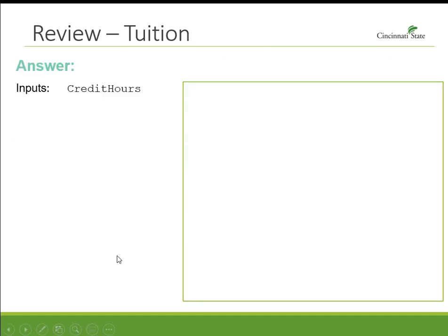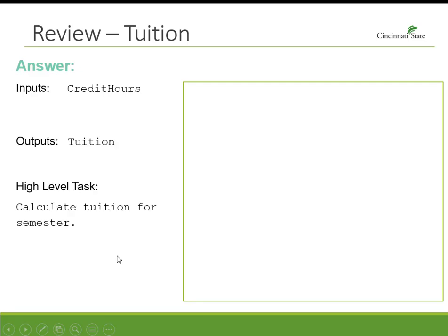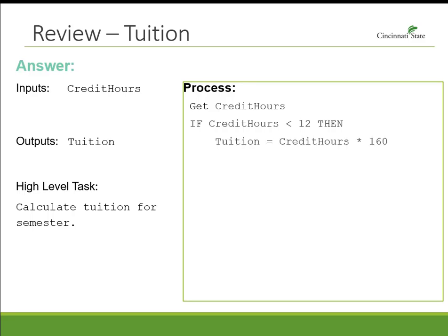Our inputs: credit hours. Output: tuition. High-level task: calculate tuition for semester. Here's our process. Get credit hours. If credit hours less than 12, then tuition equals credit hours times 160. Else, if credit hours less than or equal to 15, tuition equals 1,920.